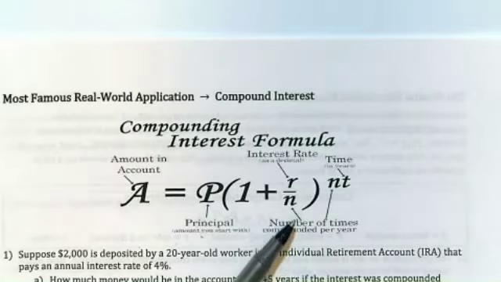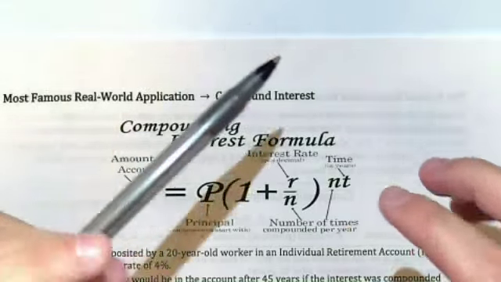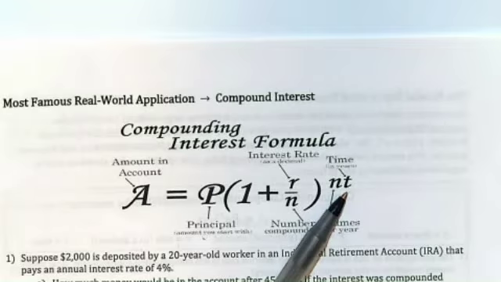N is the number of times it compounds a year. That basically means how many times am I taking the new money and adding more of the rate to it. Sometimes that happens quarterly, sometimes monthly, daily. That amount is just continuing to grow and grow and grow. And then T is time in years.